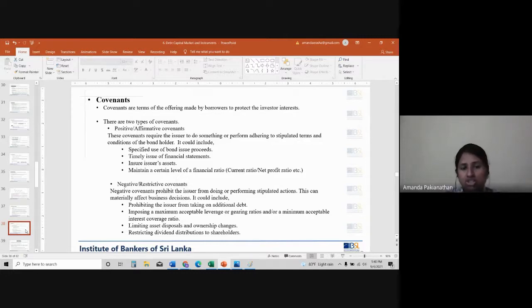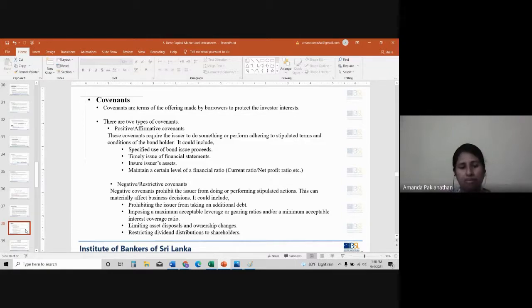Do not issue dividends. The way they term the covenant itself is on a don't do this basis. When you give out a covenant on that term, it becomes a negative covenant. Now, negative covenants are a bit harmful for the company. Why? They are restricting the movement. They are drawing a circle around which the company has to operate.